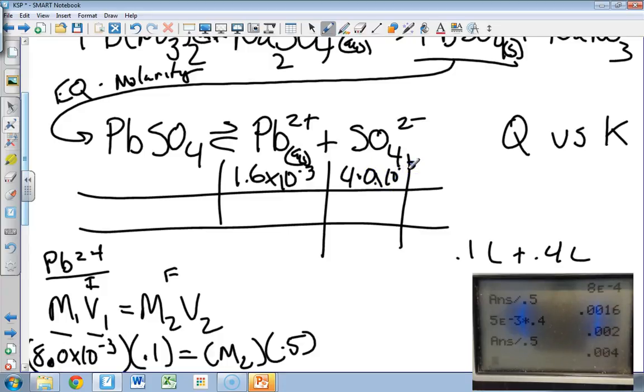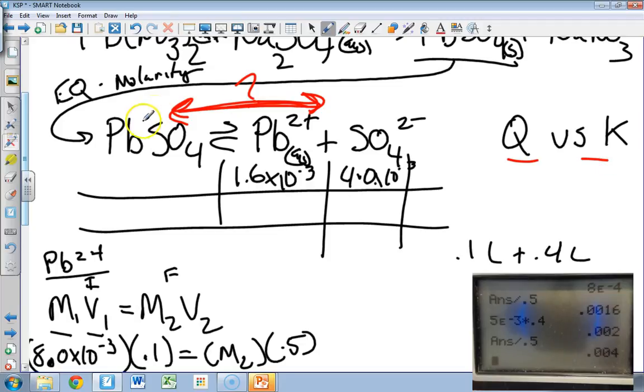And so now if we calculate Q and compare it to K, that's going to tell us which way the reaction is going to shift. Is it going to shift toward the reactants, or toward the products? And that's going to be the question. What I like about doing this at the very end of the equilibrium unit is that it circles all the way back around to almost the very beginning, where we have to know Q and K.